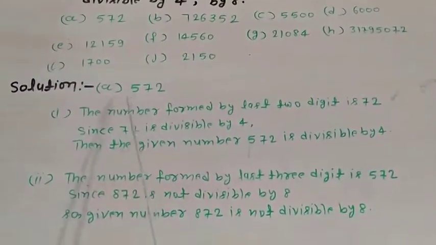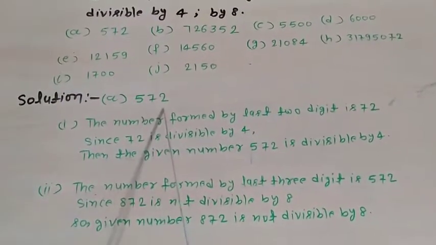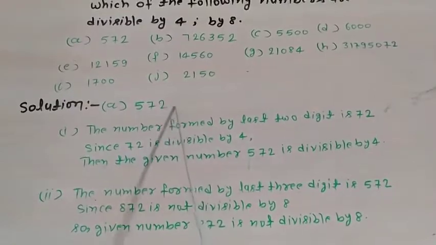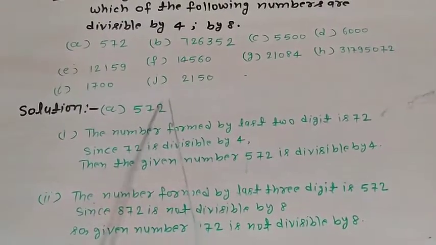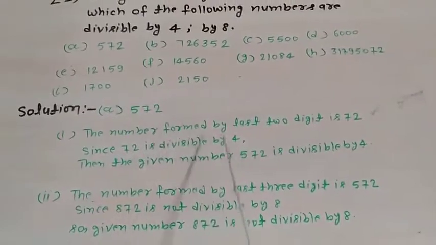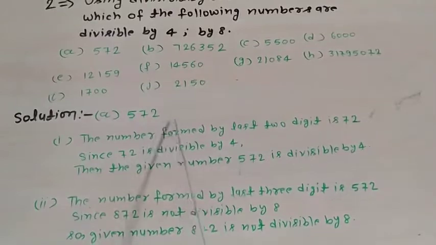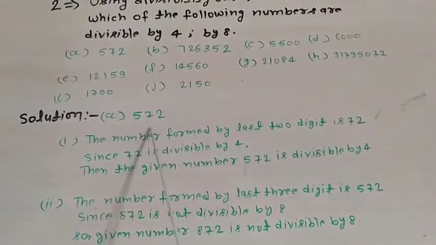Here you can see a part of question number 2, 572. First we check divisibility by 4, and after this we check divisibility by 8. For the divisibility test of 4, we check the last two digits.